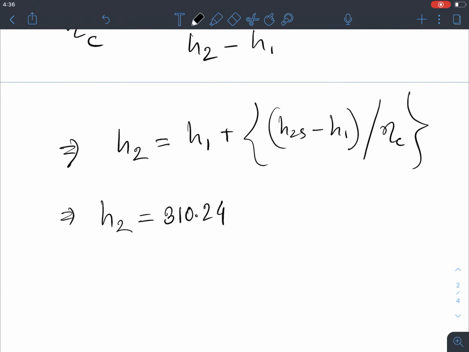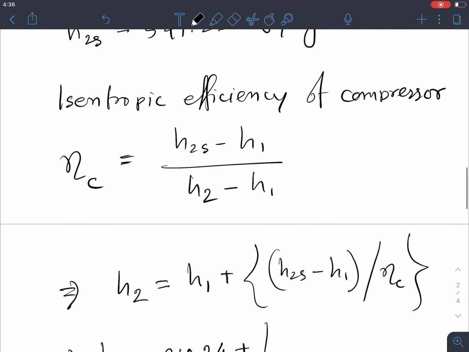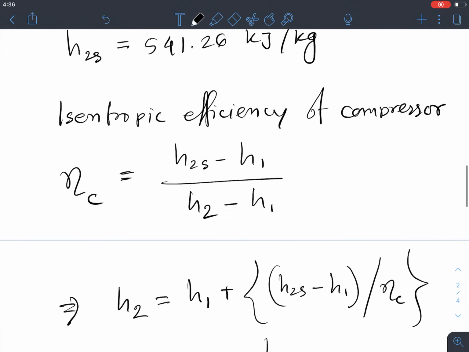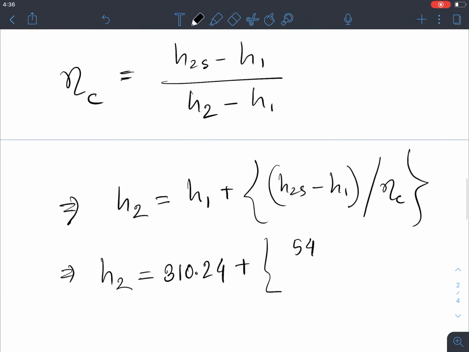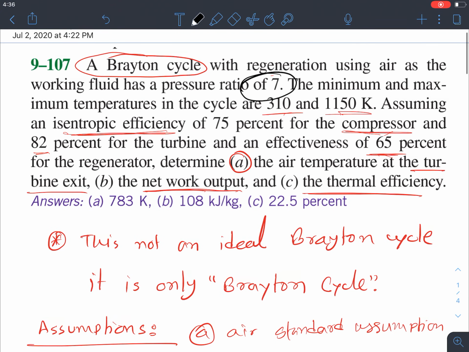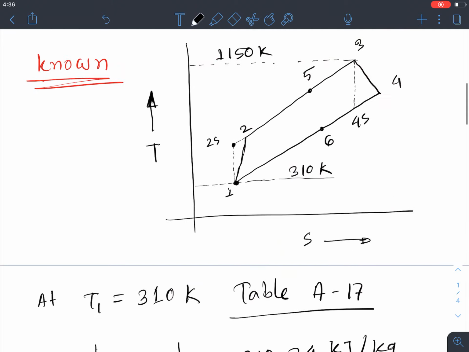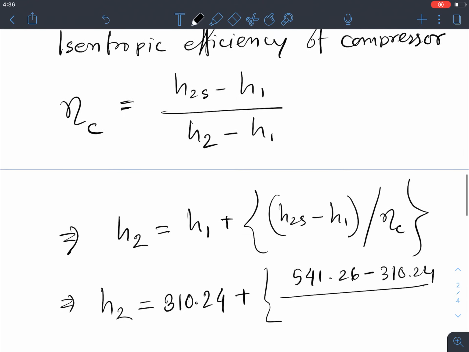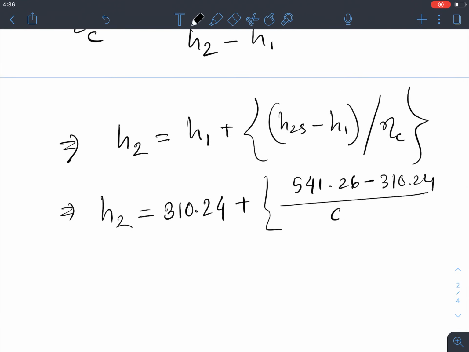H2 equals H1, here 310.24, plus H2S, we just got it, 541.26, minus 310.24, divided by eta C. The compressor efficiency was 75% right here.